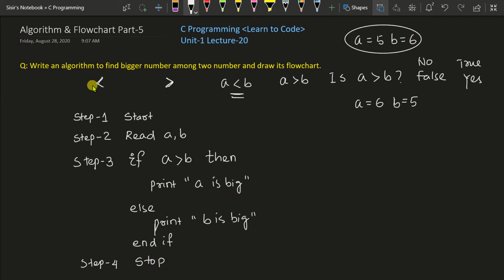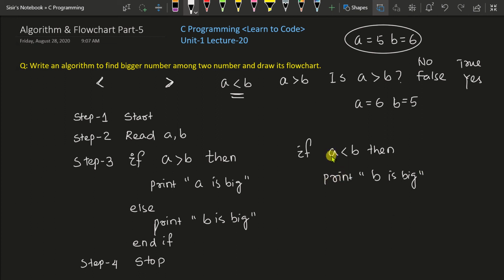Okay, you can also use the smaller than symbol over here. So if you use the smaller than symbol, what needs to be changed? The things will be like this. If a less than b, that means a is smaller than b. If this statement is true, that means b is bigger, so you have to write print b is big.